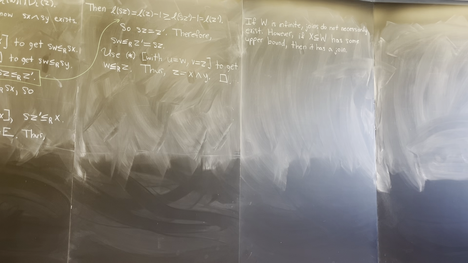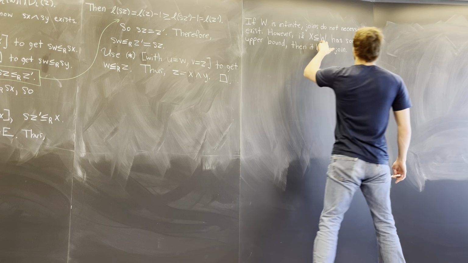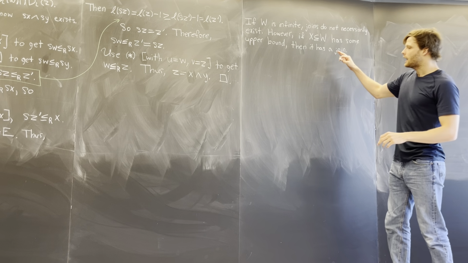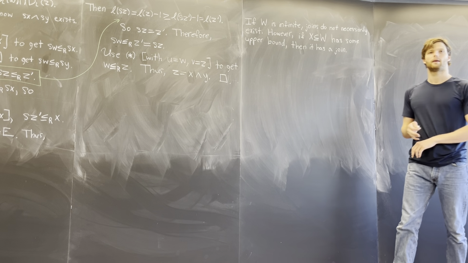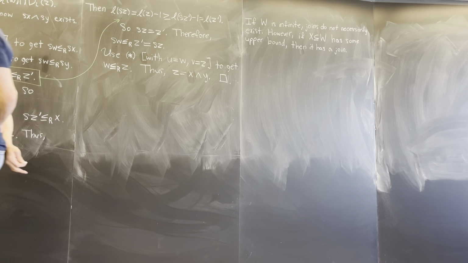Wait, sorry, what's the question? The question is, my claim is that if I have a subset of the weak order that has an upper bound, so this is in the right weak order, then it has a least upper bound. And the question is why, how do I know that? Take the smallest length. So, sort of. I think there's an easier way.